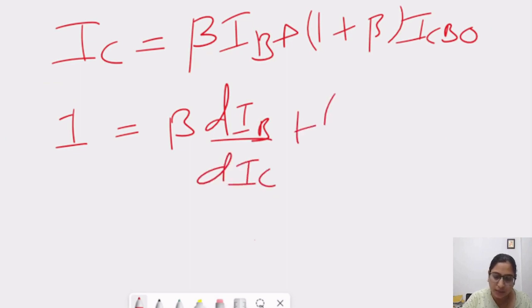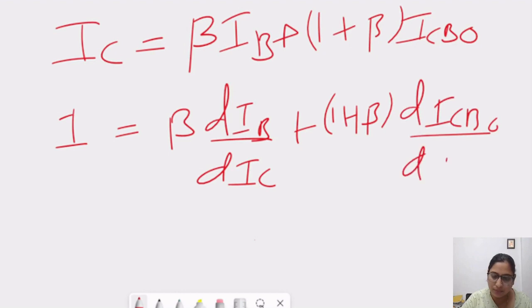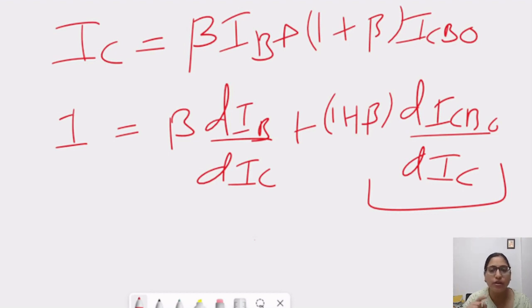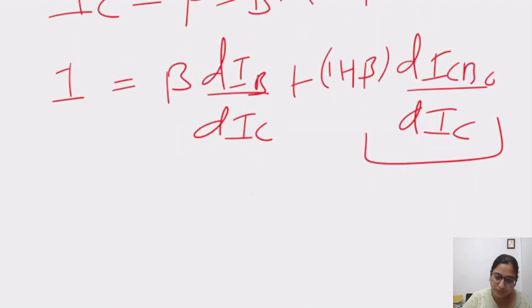Similarly, 1 plus beta we consider constant, dICBO upon dIC. Now we can clearly see that this term is nothing but 1 upon S, since we already considered the stability factor. So we can replace this by 1 upon S here.